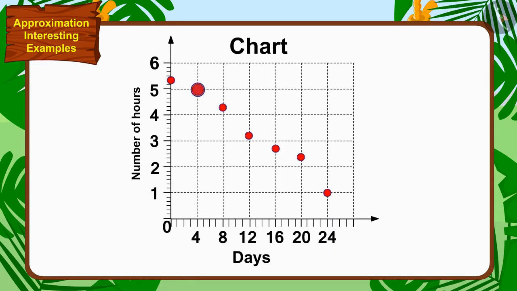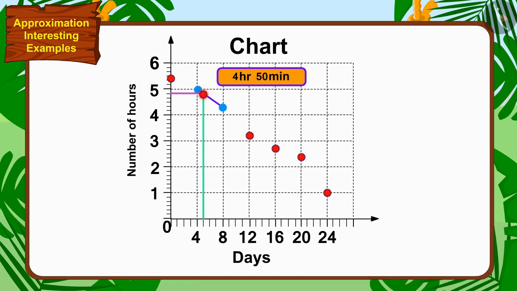In this way, we can approximate it by connecting the dots of the 4th and 8th days with a straight line and then making a vertical line from the 5th day. The vertical line of the 5th day is meeting this line at 4 hours and 50 minutes. This means that on the 5th day, the children must have spent about 4 hours and 50 minutes on the phone.